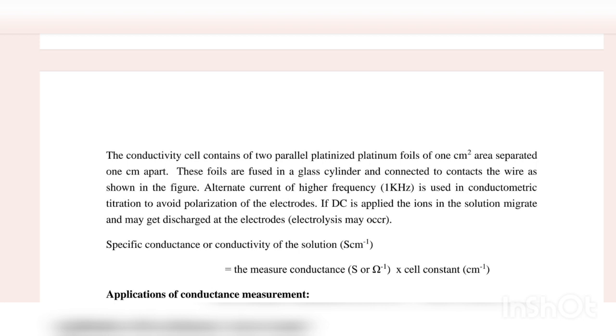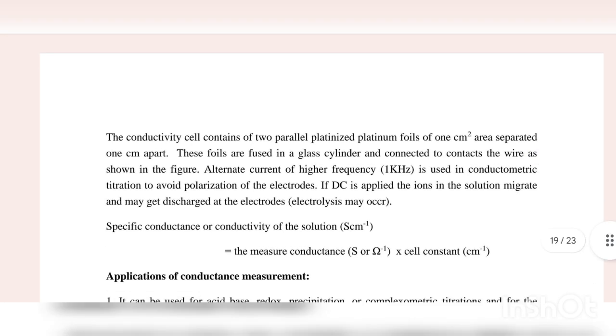Then alternating current is passed through this conductometric instrument, or alternating current of high frequency is used in conductometric titration, to avoid polarization. Then specific conductance is equal to the measured conductance multiplied by the cell constant. So the specific conductivity we will obtain by multiplying this measured conductance by the cell constant. This cell constant is unique, or constant, for each type of cell.